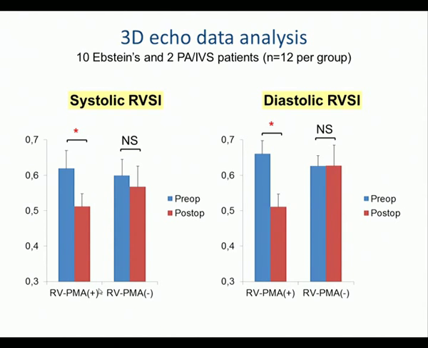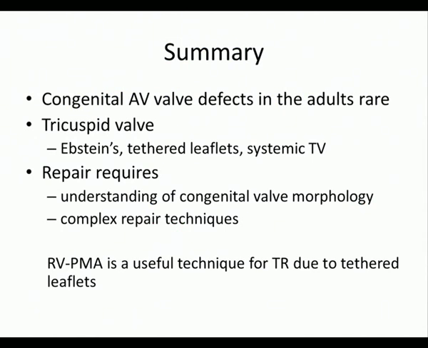Those that had papillary muscle approximation had a substantial improvement in sphericity index as compared to those that had nothing done to the papillary muscle. And this was both in systole and diastole. We were able to improve the sphericity in those patients. We think that has long-term important consequences for preserving right ventricular function in these patients.